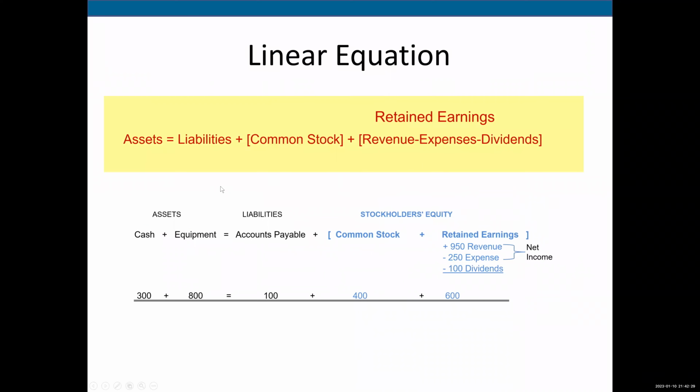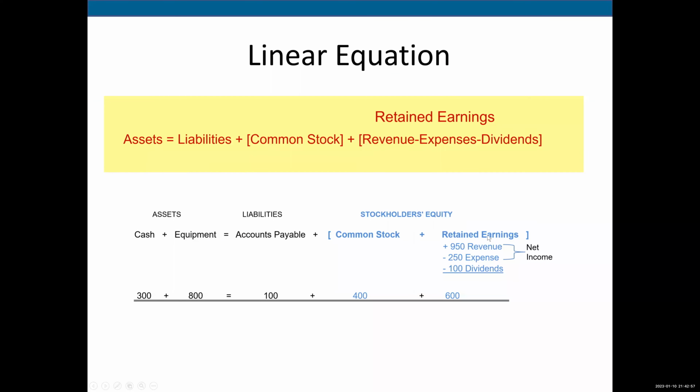We can express this expanded equation in a linear fashion. Here we have our assets, which are cash and equipment. On this side of the equal sign, we have liabilities, and we have one of them, accounts payable. And then we have stockholders' equity, and again, there are two components: common stock and retained earnings.